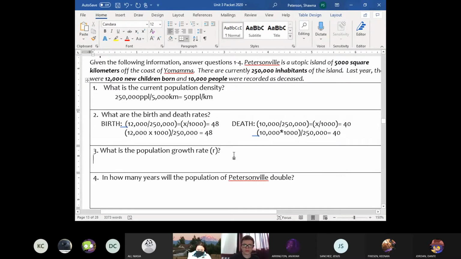All right, what is the population growth rate? I'm just going to copy this down here. Our growth rate is our crude birth rate minus crude death rate, divided by 10.